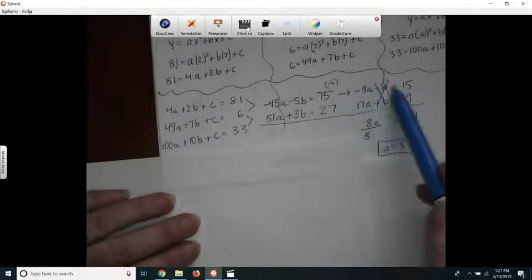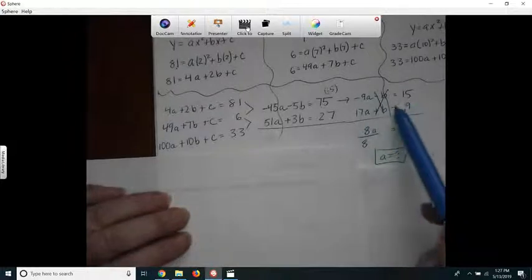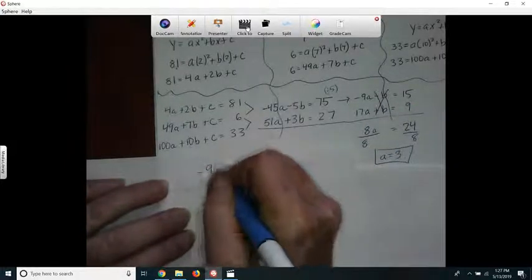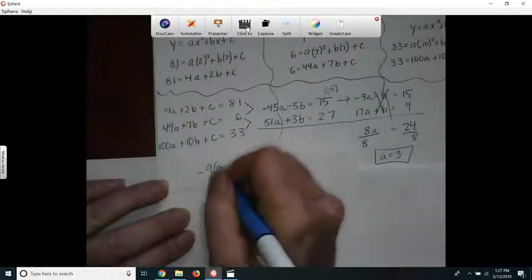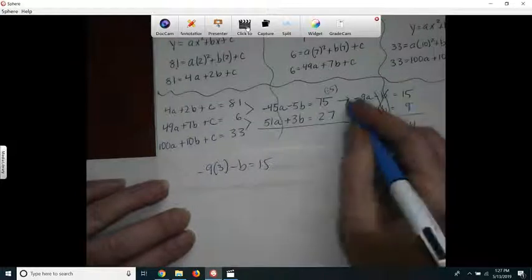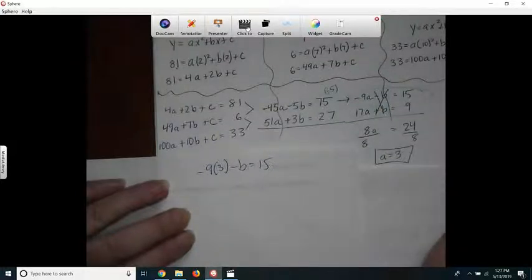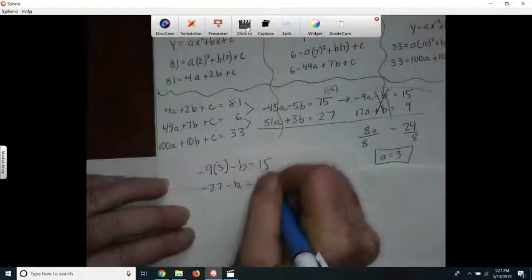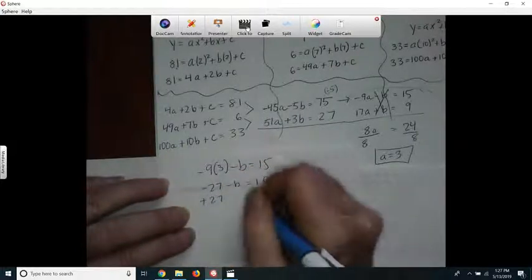This equation right here would be a nice easy one to plug A into. Negative 9 times 3 minus b equals 15, so that gives me negative 27 minus b equals 15. Add 27.